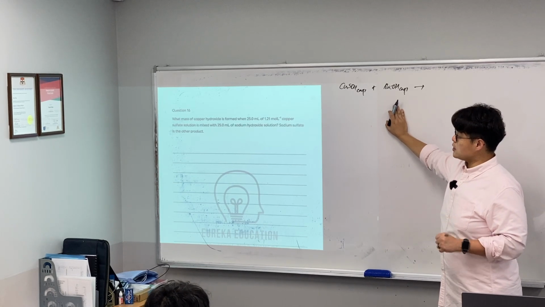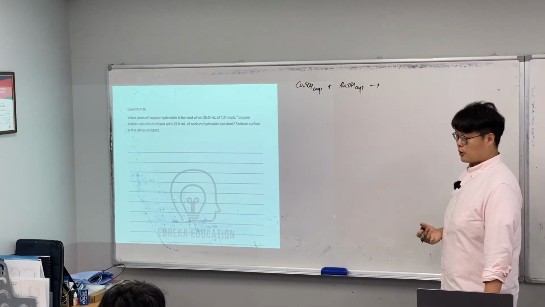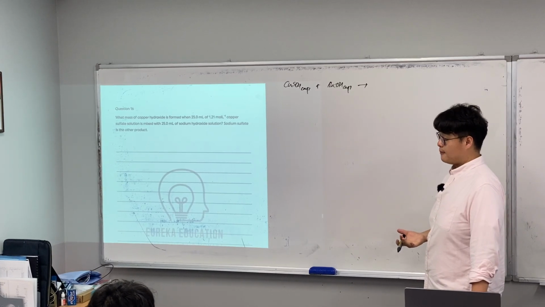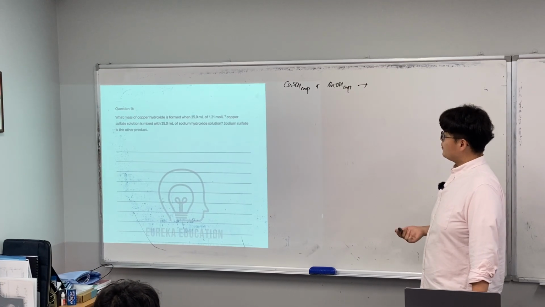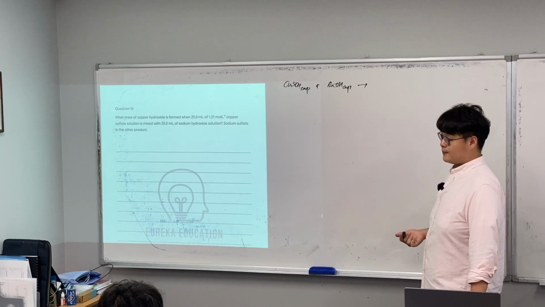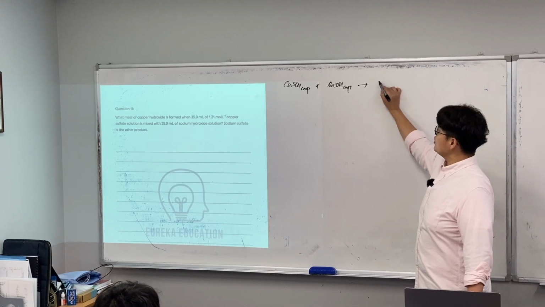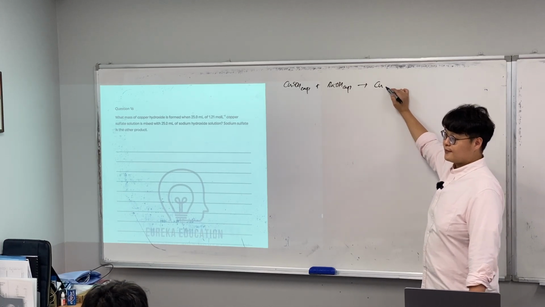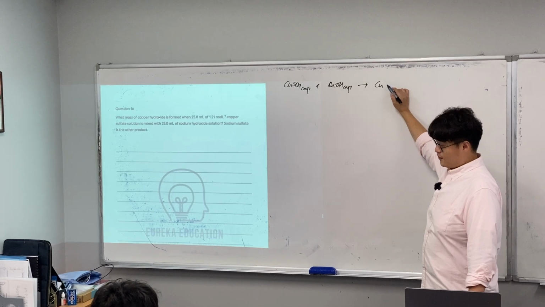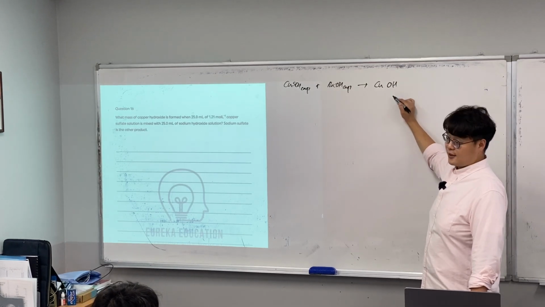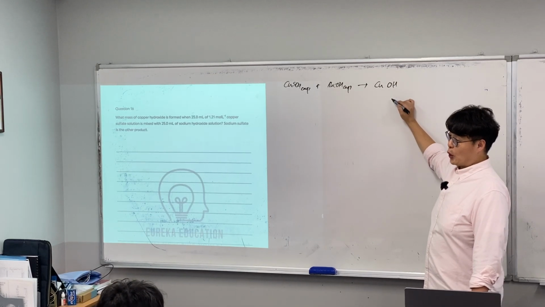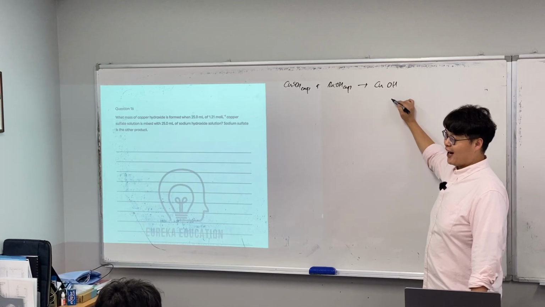What is the formula for the copper 2 hydroxide? Cu, OH, what?